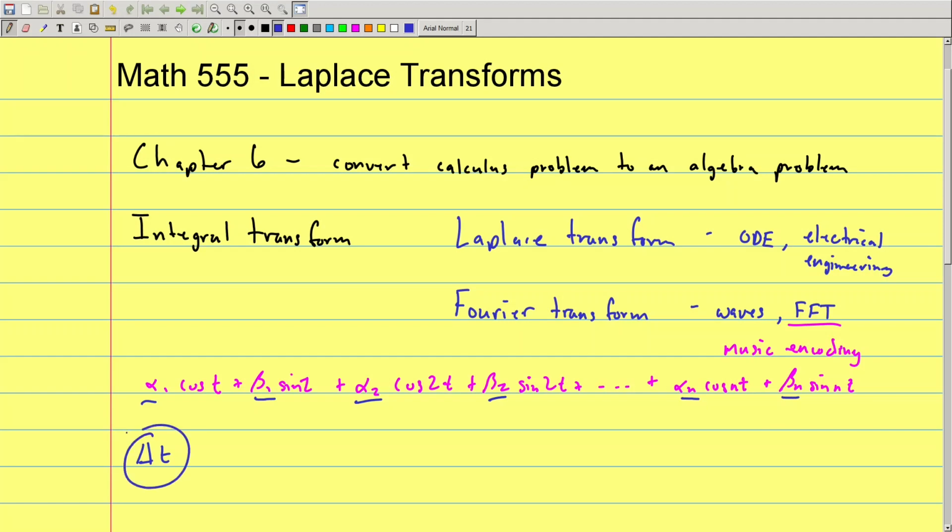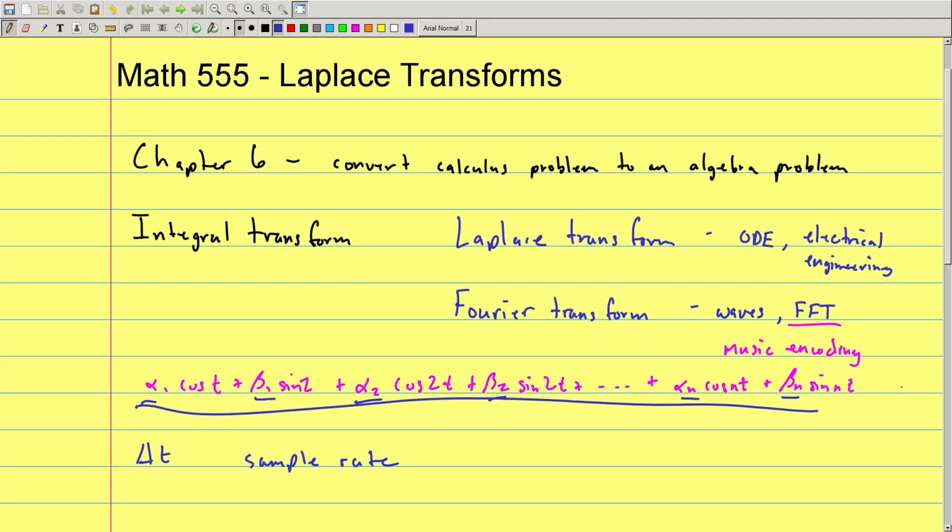The shorter this period of time is, the higher your sample rate would be, right? And the more of these coefficients you track, the more of the audio band that you cover. Okay, more information, higher quality recording.